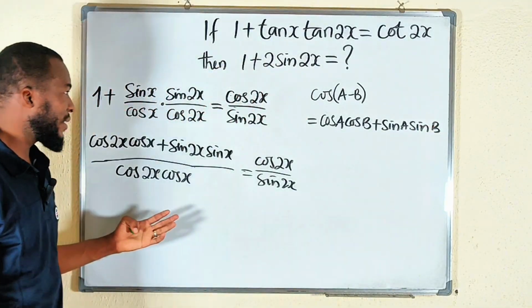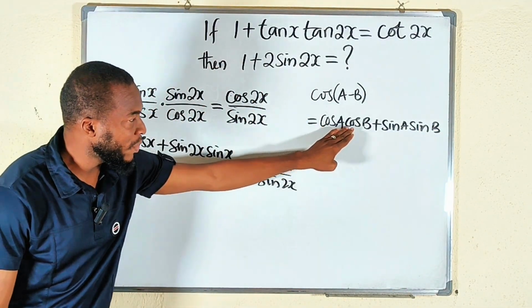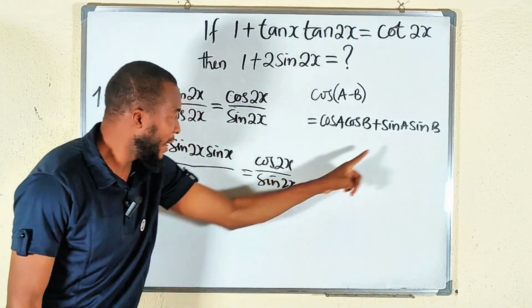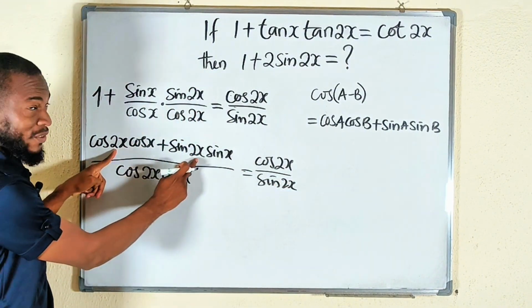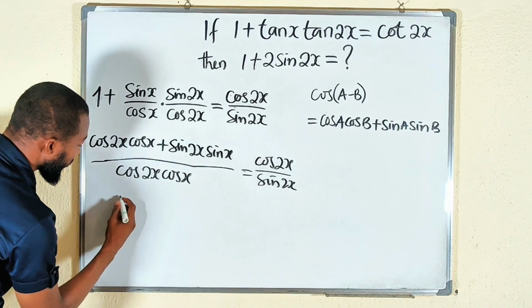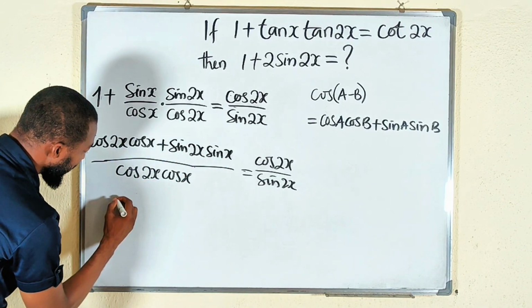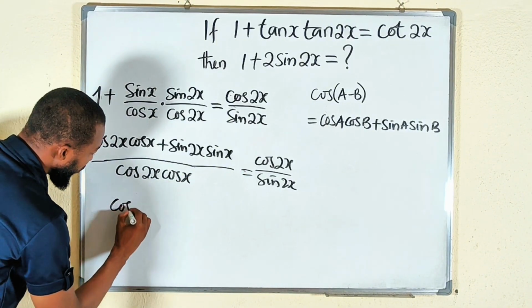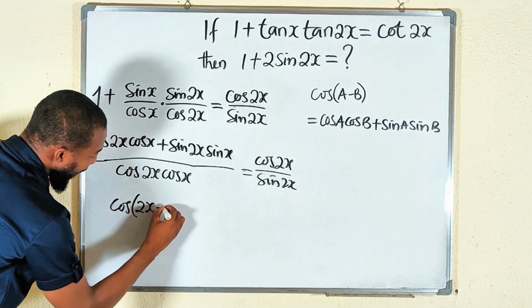So if you pay close attention, cosine of something, cosine of another thing, plus sine of the same thing. This is A, this is B. This is 2x, this is 2x. This is x, this is x. So we can write the top as cosine of 2x minus x.